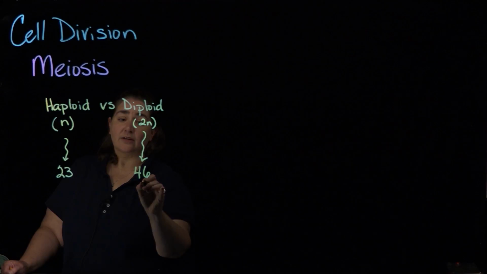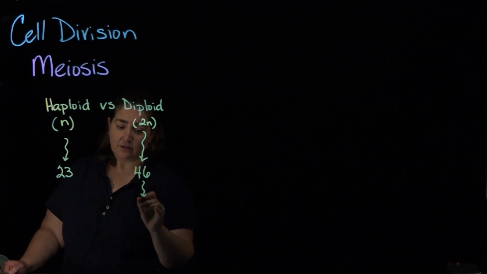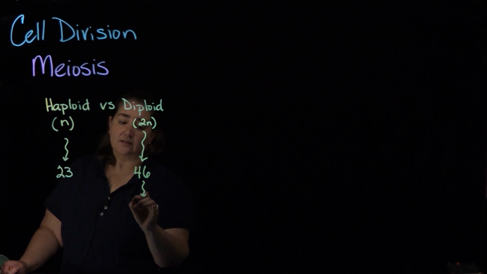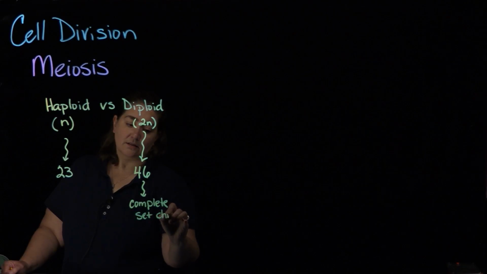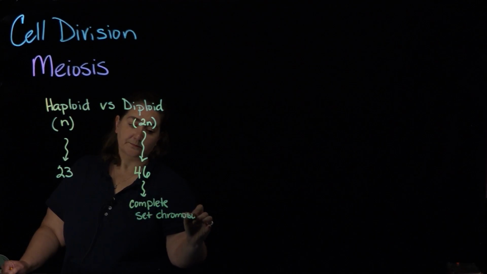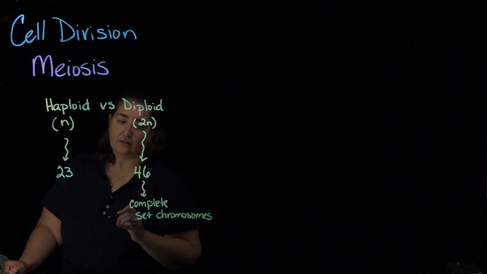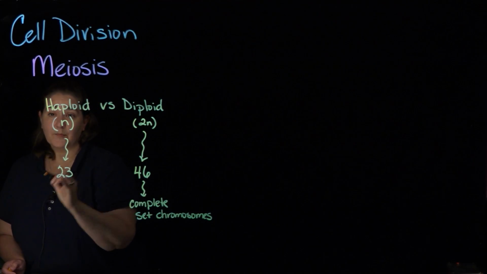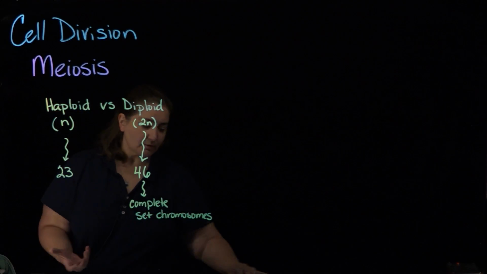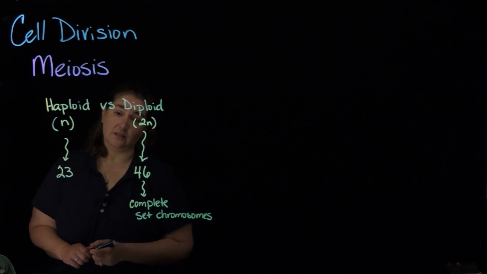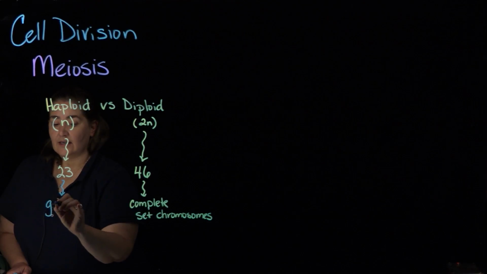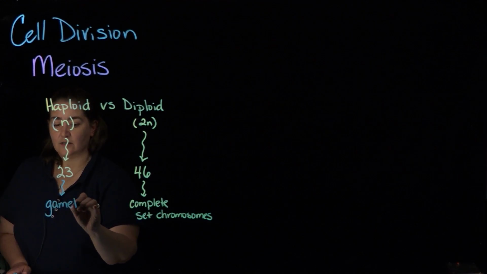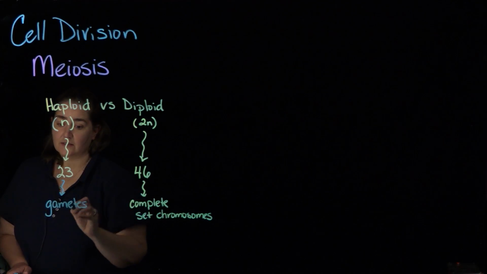When we're talking about a diploid cell, we're talking about cells that have a complete set of chromosomes. In the haploid state, there's a very specific subset of cells that exist as haploid, and that subset of cells are the gametes.